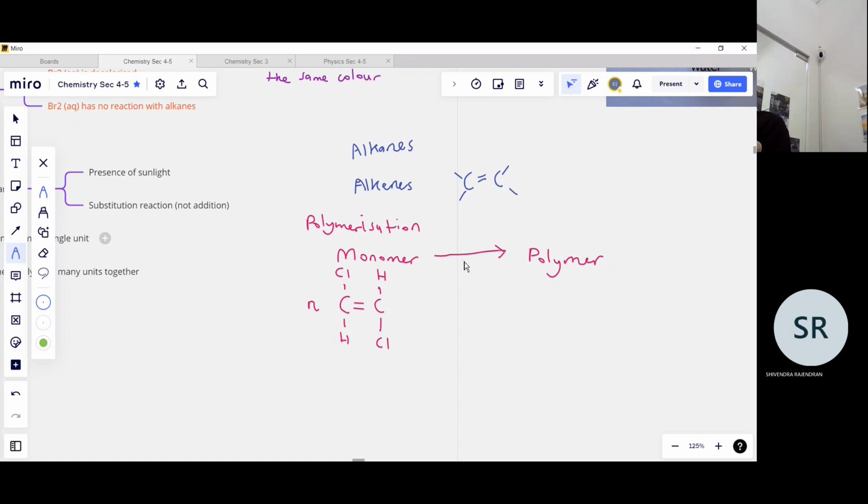I hope you all had written something from the last lesson. Remember, the double bond is going to break and becomes a single bond. Usually, several people use this star.